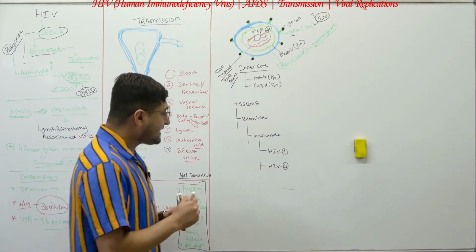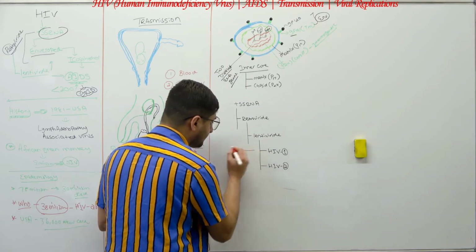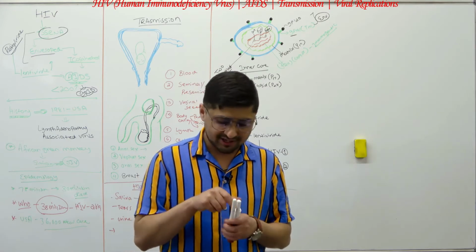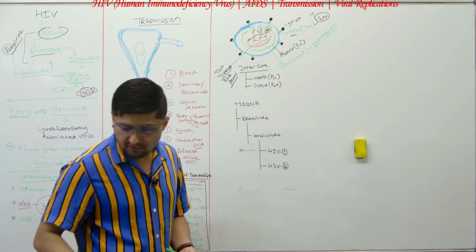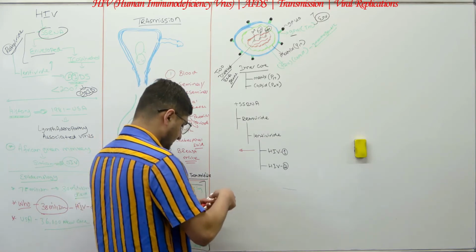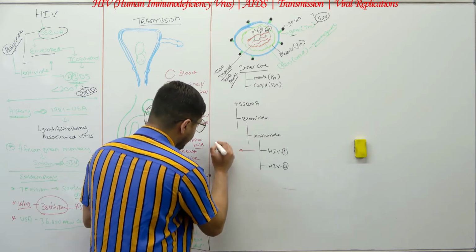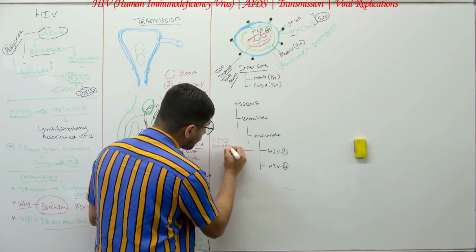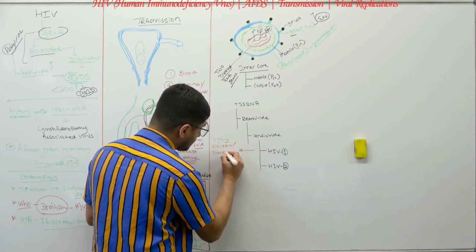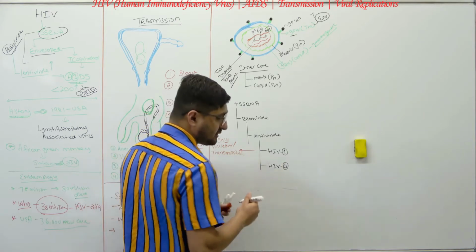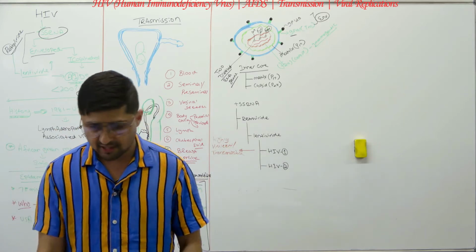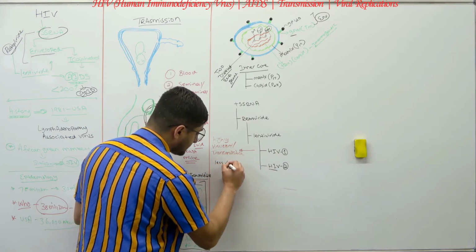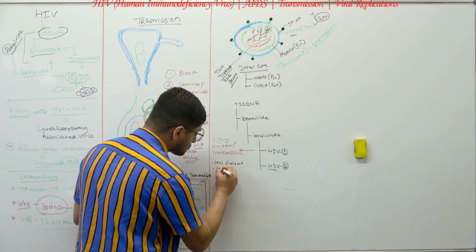HIV-1 is the one that we're going to talk about in this lecture, because HIV-1 is highly virulent and also transmissible compared to HIV-2. The second concept is that HIV-2 is less virulent and less transmissible.